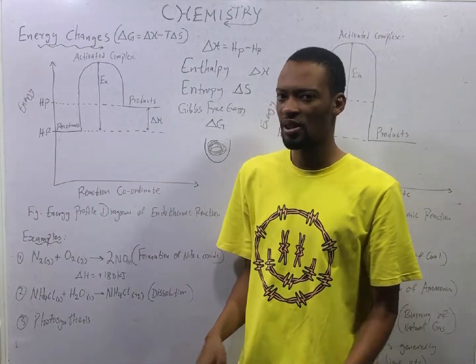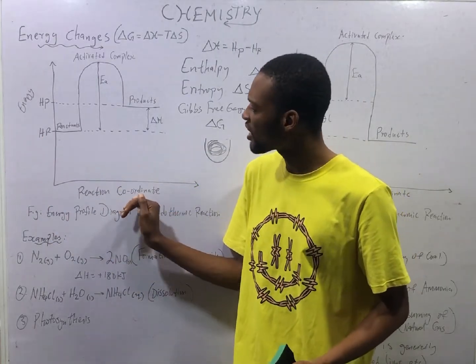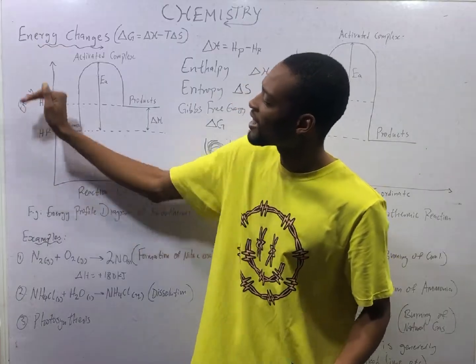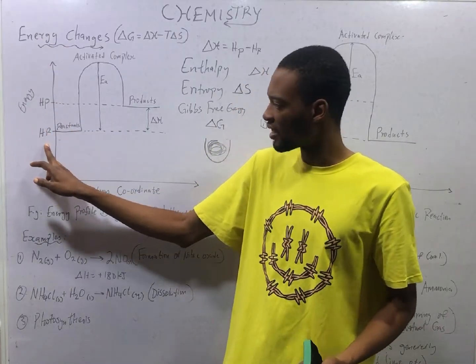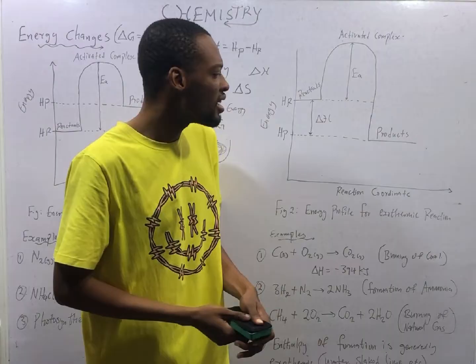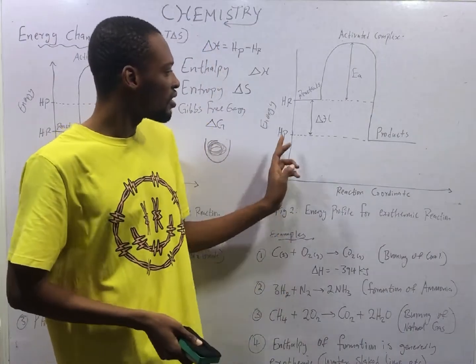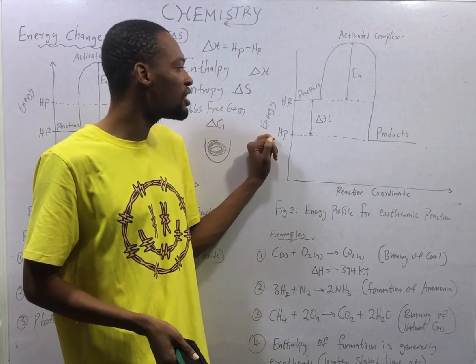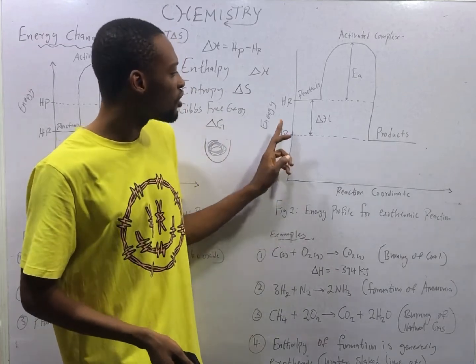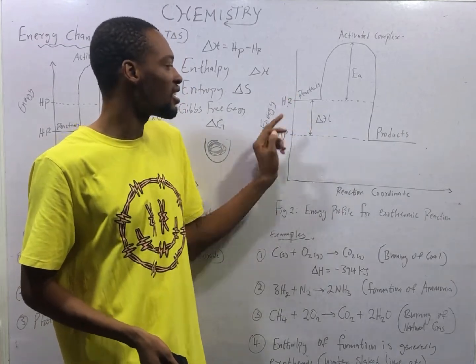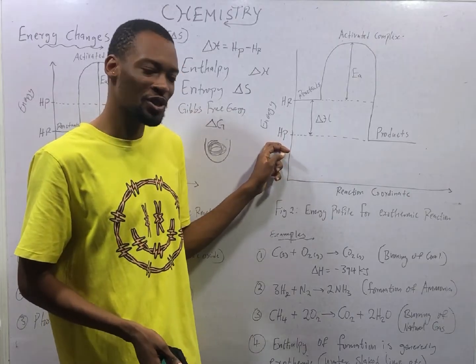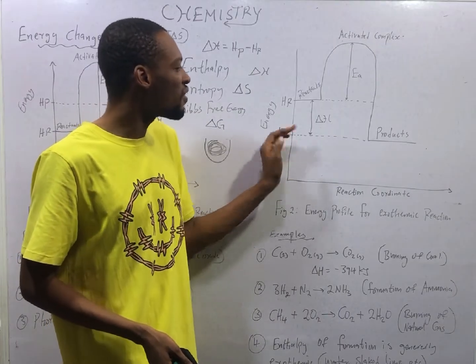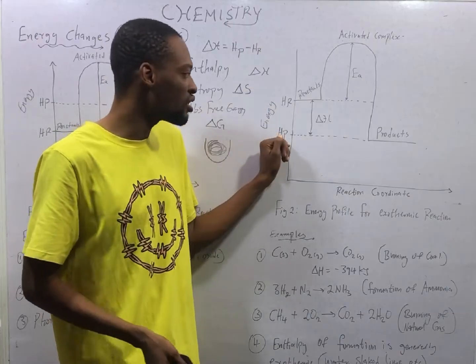What do you notice? In an endothermic reaction, the heat of the product is higher than the heat of the reactant. Now look at the exothermic reaction. Here we represent the heat change, or the enthalpy change. You see that this is the heat of the reactant and this is the heat of the product. What do you see? The heat of the reactant is higher than the heat of the product.